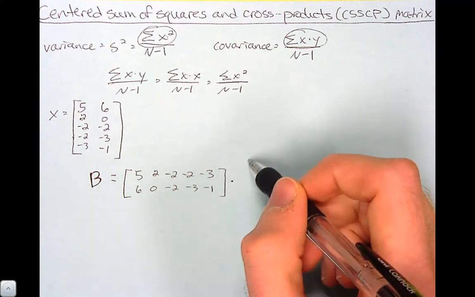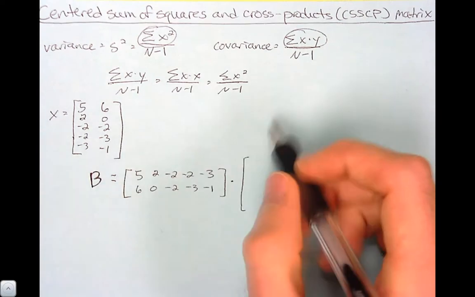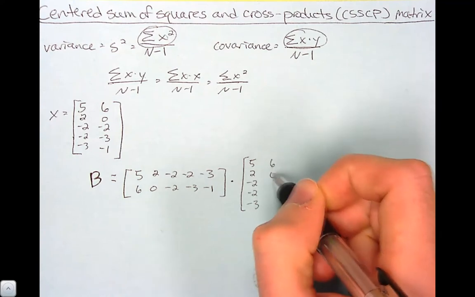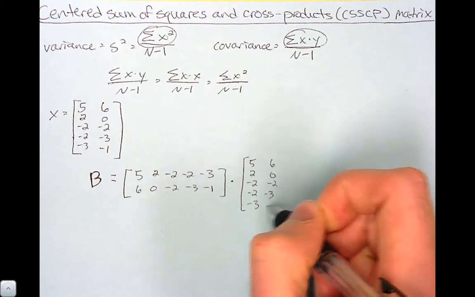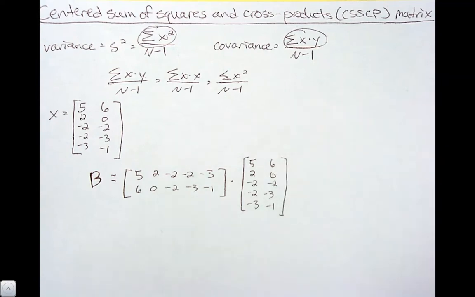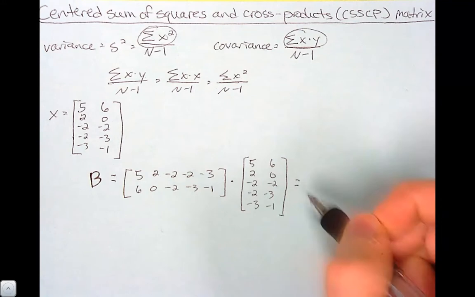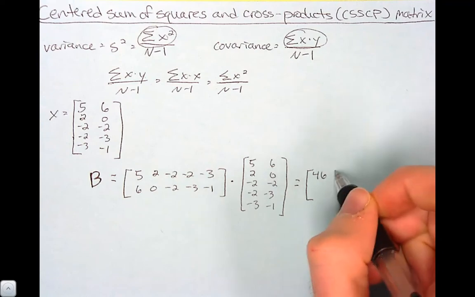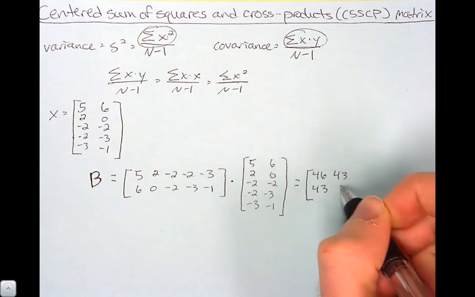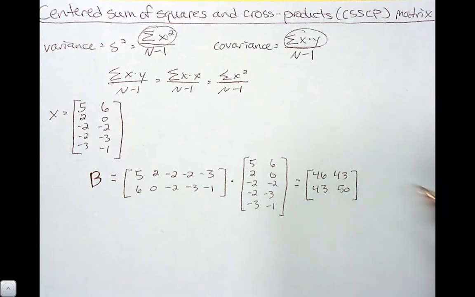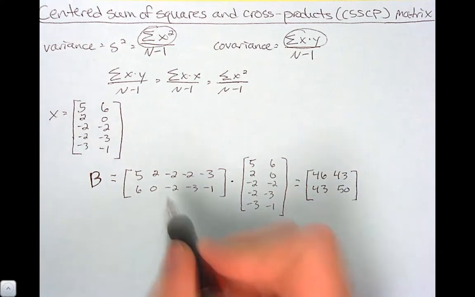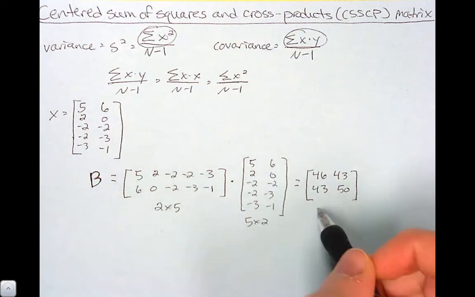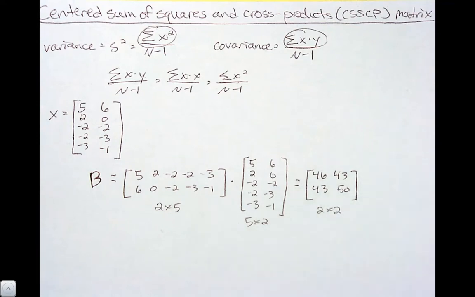Okay, multiply it by our x here. And the resultant matrix will turn out to be 46, 43, 43, 50. So as you see, this is a 2 by 5 matrix, and this is a 5 by 2 matrix, so the resultant is a 2 by 2 matrix.